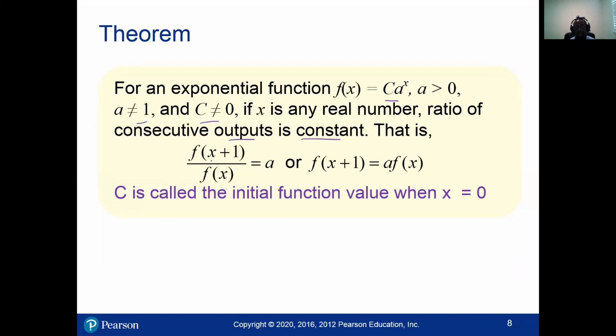That is, if I plug in x plus 1, which is the next output, divided by the previous output, it is equal to a, which is the growth factor. Or if you cross multiply, you get this kind of equation. Now c is called the initial function value when x is equal to 0. So take note of that.